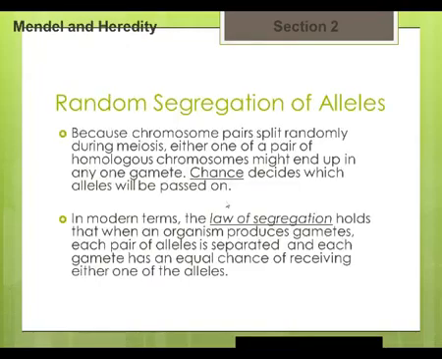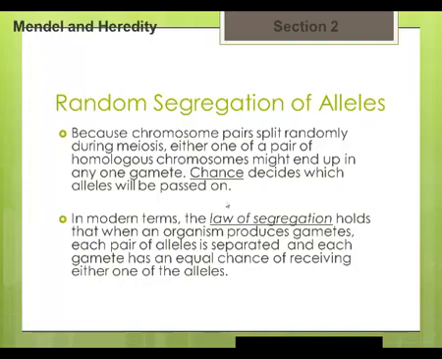Random segregation of alleles. Chromosome pairs split randomly during meiosis. So remember, meiosis is that stage in your body where the sex cells are created. And in this case, either one of a pair of homologous chromosomes might end up in any one gamete.